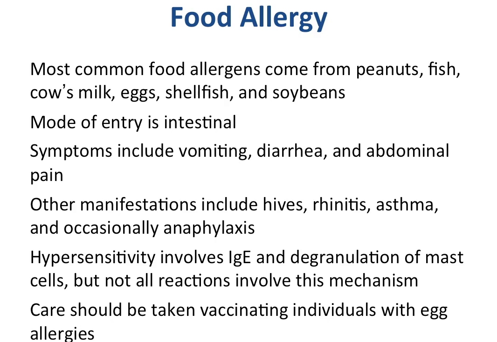So the patient will have vomit, nausea, diarrhea, abdominal pain. The patient may also have hives, rhinitis, asthma, and systemic anaphylaxis. So the food allergy is induced by the IgE and the degranulation of the mast cells.